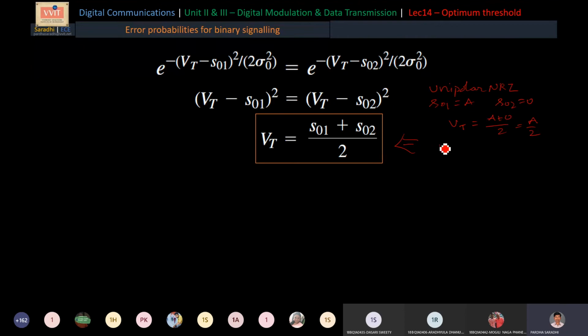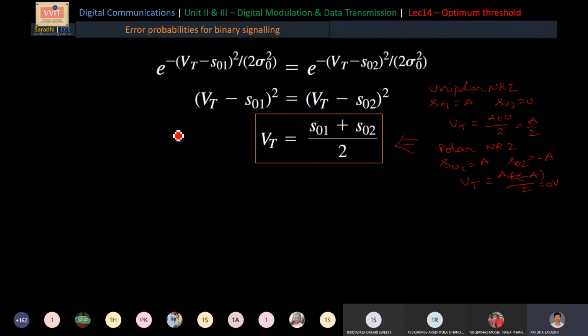Similarly, if you are having polar NRZ, one is plus A and another one is minus A volts, and we assume that the best possible threshold value is 0. This formula also gives us the same thing: plus A minus A by 2 is equal to 0 volts.